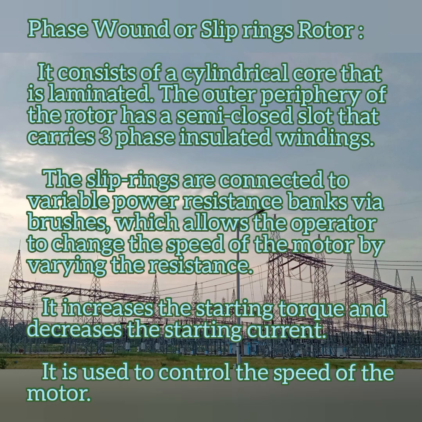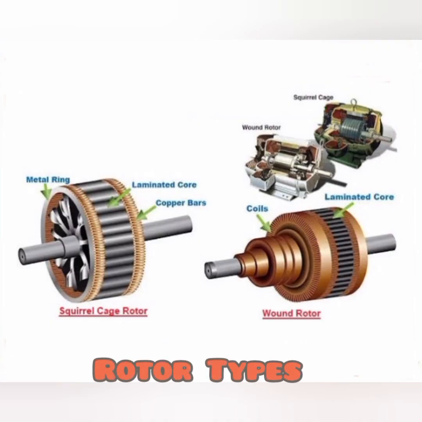Next, we will see the practical structure of your squirrel cage and wound or slip ring rotors. So, as I said, it consists of metal rings, laminated cores, and copper bars in which the windings will be placed. Further, an EMF will be induced whenever the RMF, which means the rotating magnetic field produced by the stator, affects the rotor.